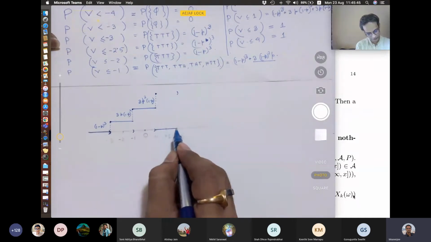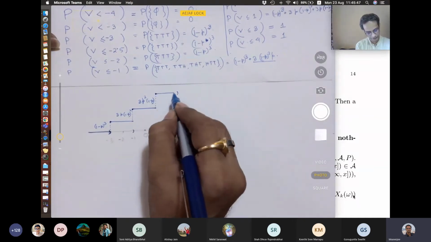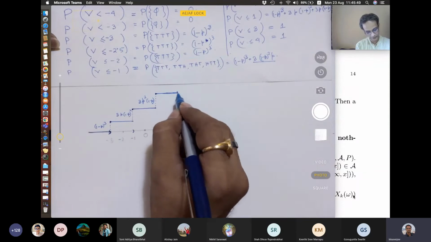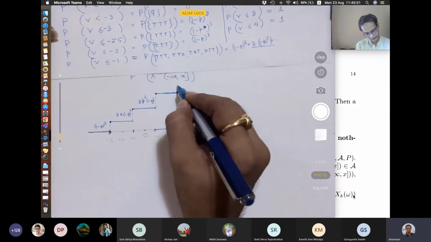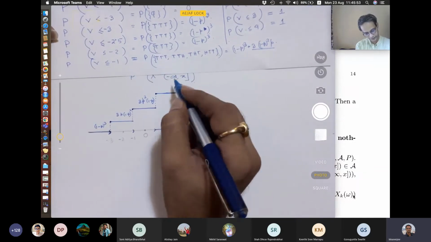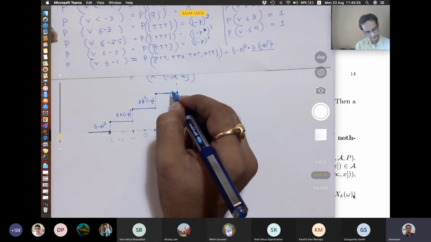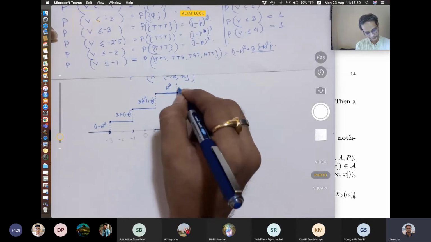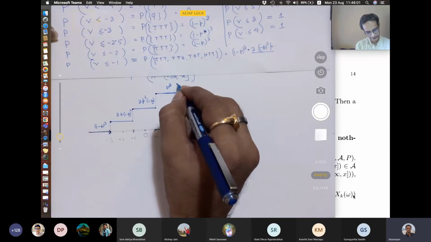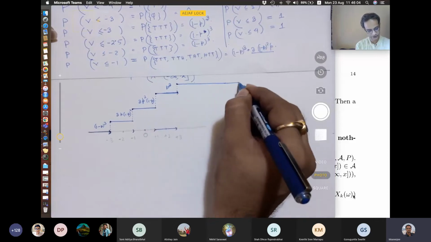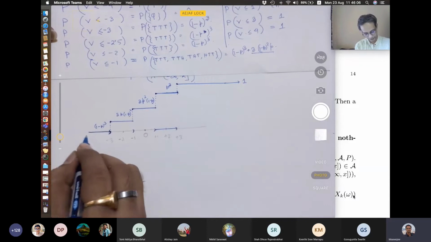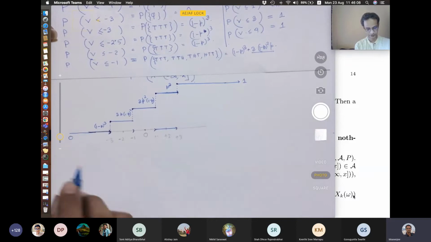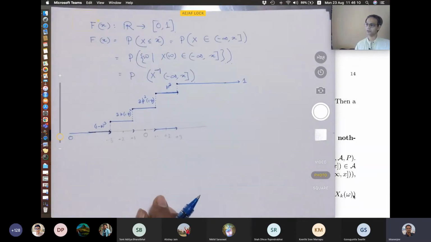So from here until you reach 3, you continue with this number, and then again there is a jump, which is how much? p cube. And then this number is 1, and 1 continues throughout, and before that the value is 0. So this is how it will look.